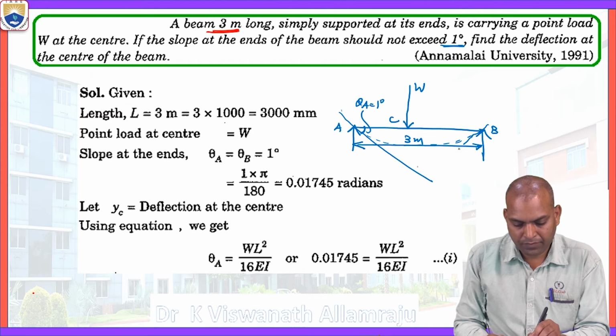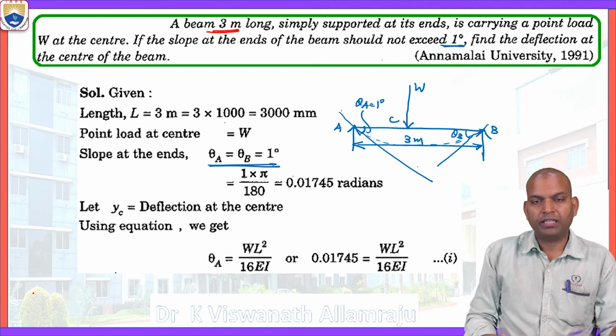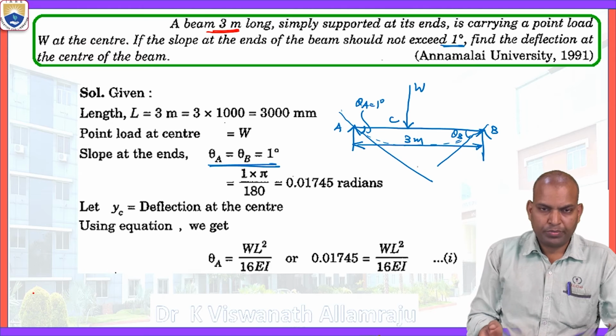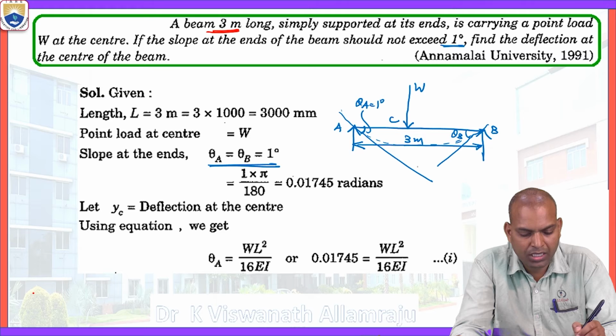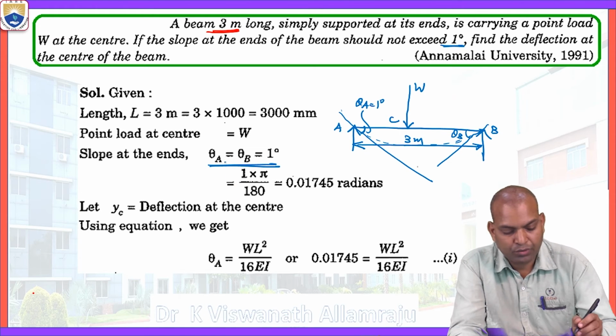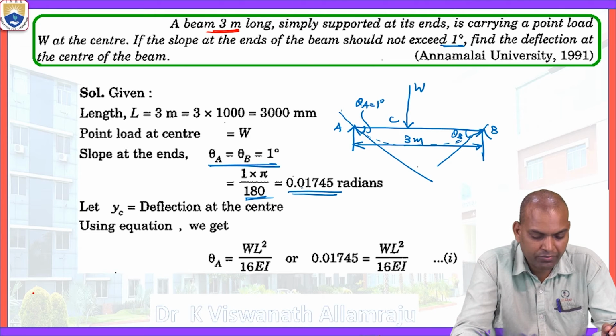The slope should be in radians when solving the problem, so converting 1 degree into radians: 1 times pi by 180, that is 0.01745 radians.